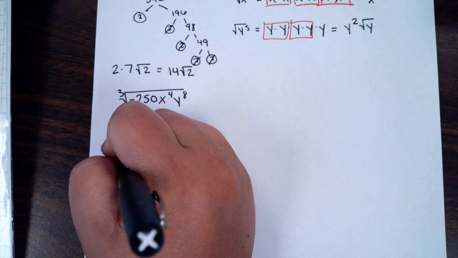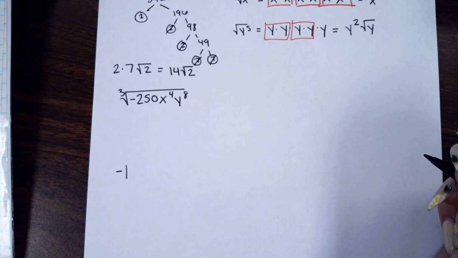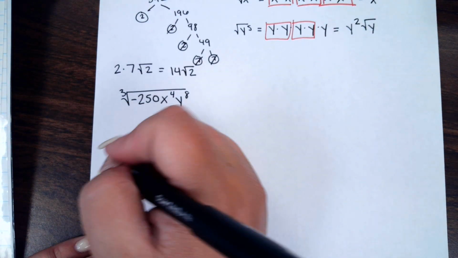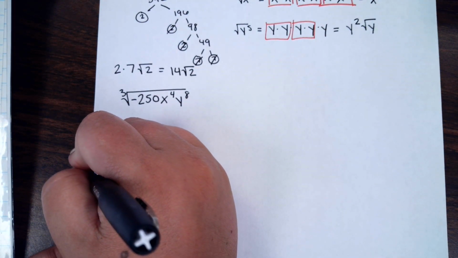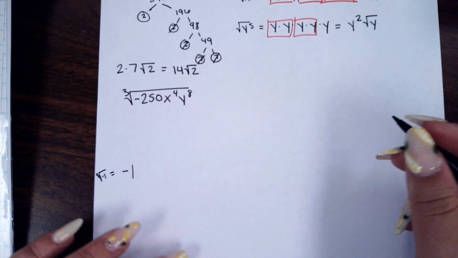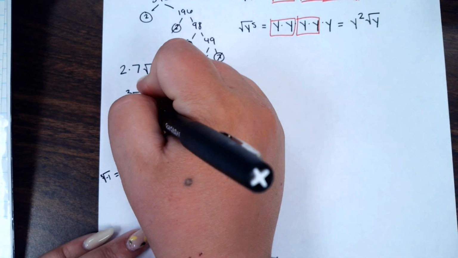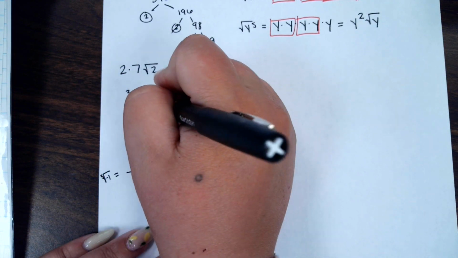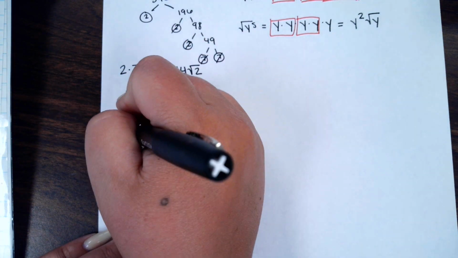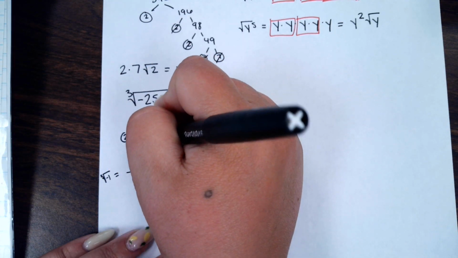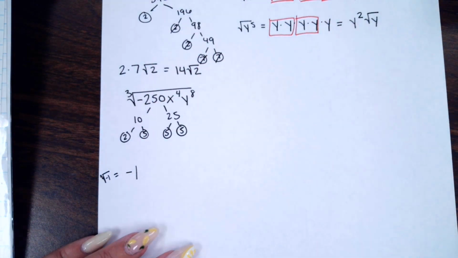So we're going to have a negative 1 on the outside of our cube root, because the cube root of negative 1 just gives you negative 1. So we can pull that out right away. And then we'll just do our factor tree and ignore the negative for now. So we'll have 10 and 25, 2 and 5, 5 and 5.